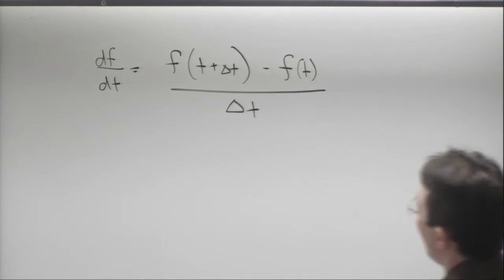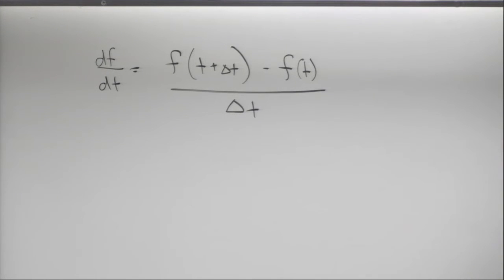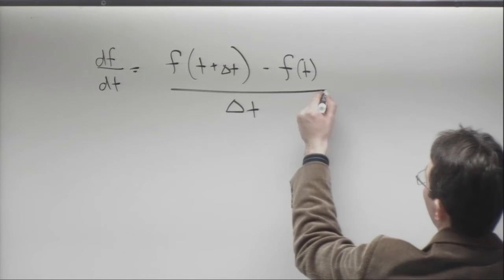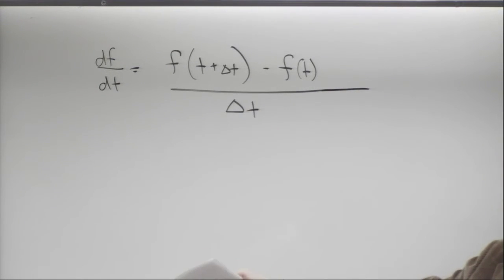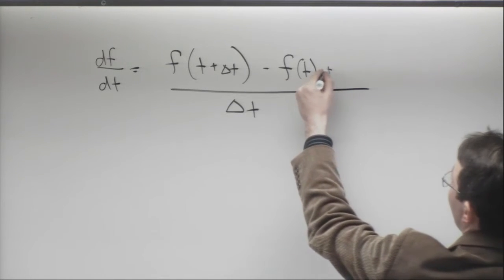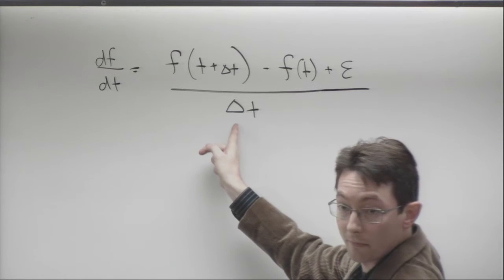But really, every number in here has some error associated with it. And for right now, I'm going to assume that these numbers were perfect, and it's the computer that's messing things up. So there's some little epsilon machine precision on this and this and this.